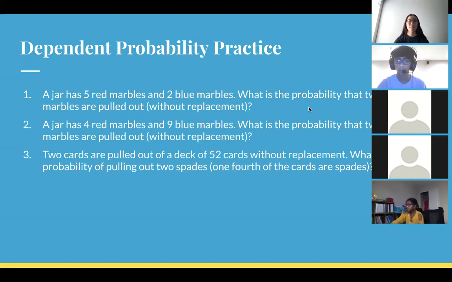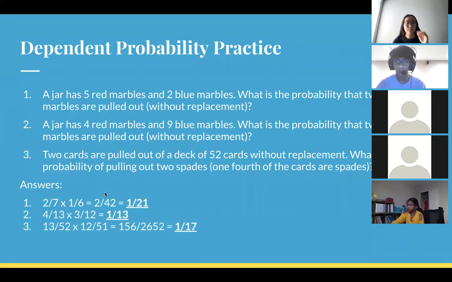Okay. So the answer here is going to be 1/17. And that's because 2 cards are being pulled out of a deck of 52 cards, and so the probability of pulling out a spade with the first card is going to be 13 over 52, and then the probability of pulling out a spade with the second card is going to be 12 over 51, because remember, the cards are not being replaced.